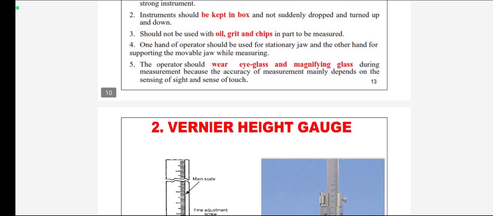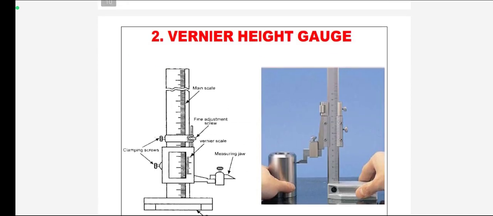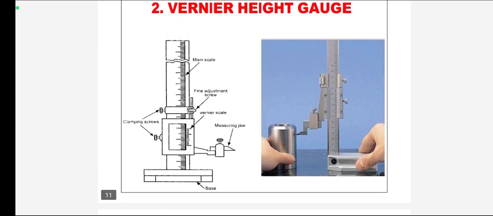Next we go to the vernier height gauge. The vernier height gauge is used to measure the height of an object. Here we have the base, with the main scale fixed to it, and the vernier scale is attached to the main scale by two locking nuts.